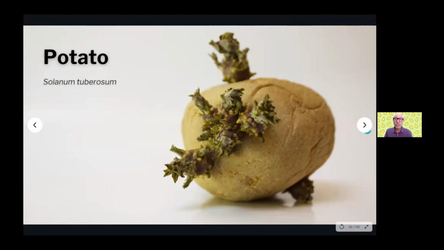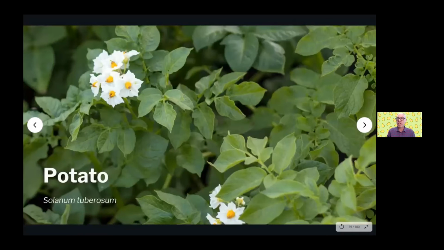Be it a cold winter or a dry season, the potato has evolved this overwintering or over-seasoning organ, the storage organ, to store up the energy that it's going to need to begin growth the following favorable season. The flowers of the potato might look familiar. The leaves of the potato might look familiar.